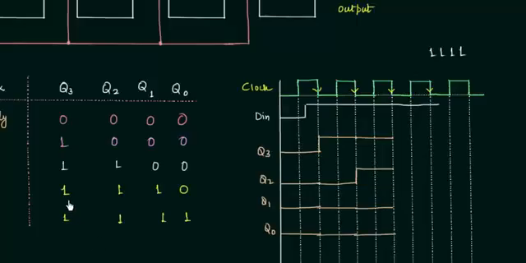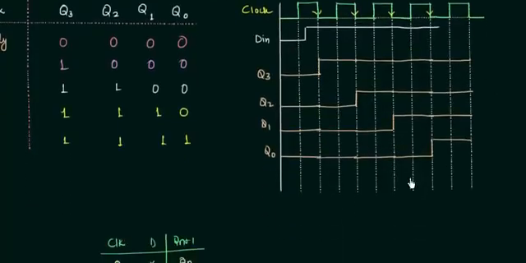For the third falling edge, Q3, Q2, and Q1 are high, and Q0 is low. Finally, for the fourth falling edge, all the outputs Q3, Q2, Q1, and Q0 are high. This is how the waveform will look, and you can easily find out the data stored in this.